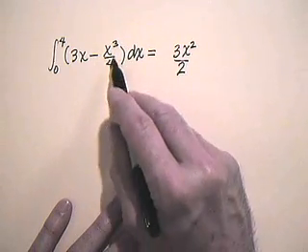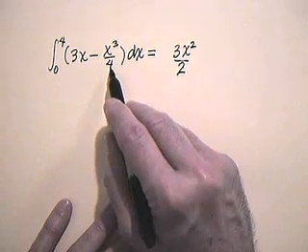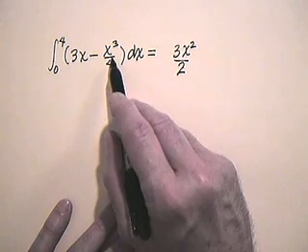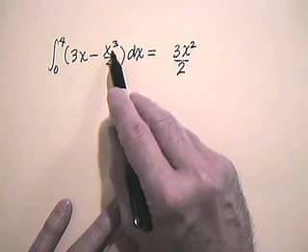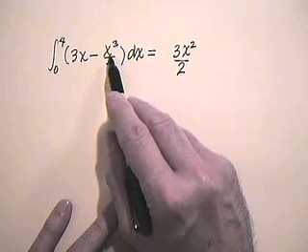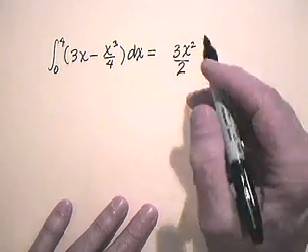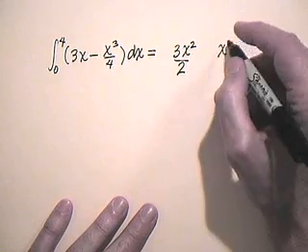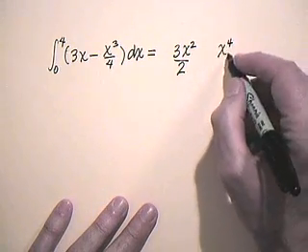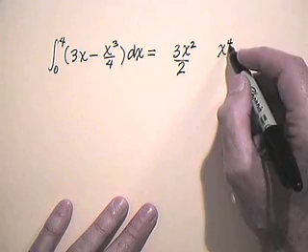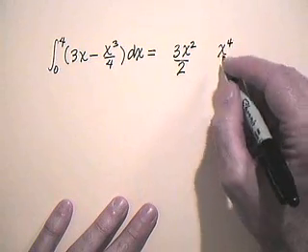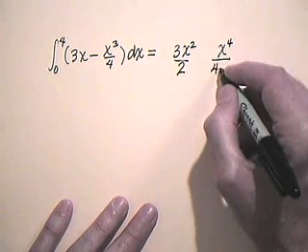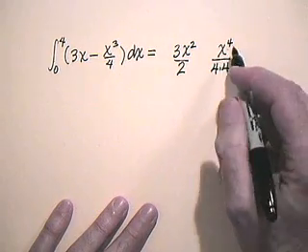What about this second term, x cubed over 4? If I differentiate x to the fourth, I get 4x cubed. So how can I fix it so that I get x cubed over 4? Let's divide by an extra factor of 4.